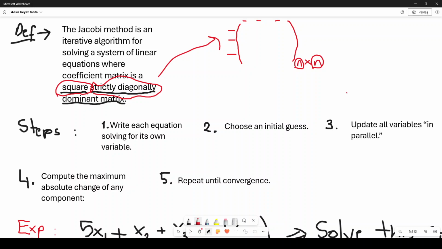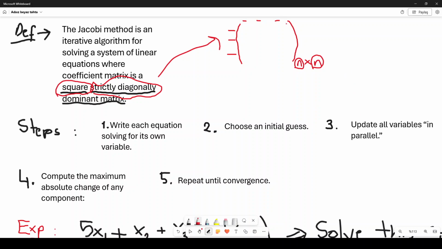To do so, we should be ensured that our system has a unique solution. What I mean by that is, we have three different possibilities: we can have a unique solution, we can have an infinite number of solutions, and we can have no solution at all for a system of linear equations.